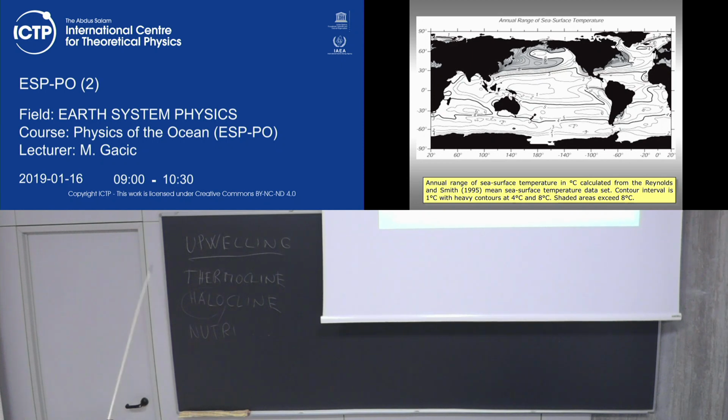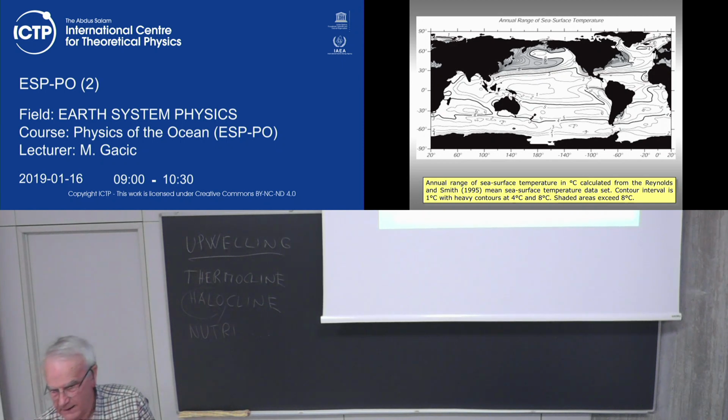You see, the annual range is more than 10 degrees. Unfortunately, always when they do the map of the world ocean, the Mediterranean is cut in the middle. But this is on the order of 10 to 15 degrees Celsius, which is due to the fact that this is a semi-enclosed sea surrounded by land.